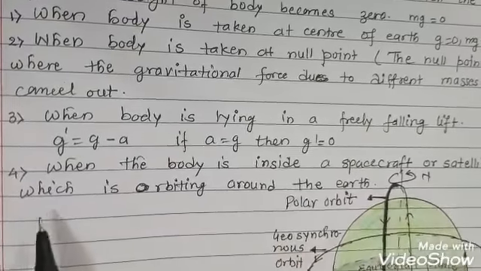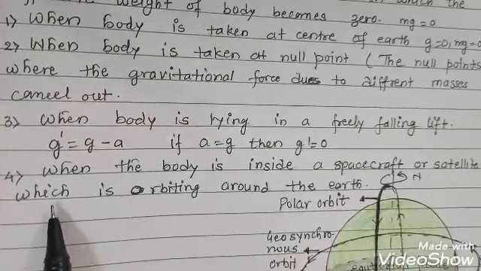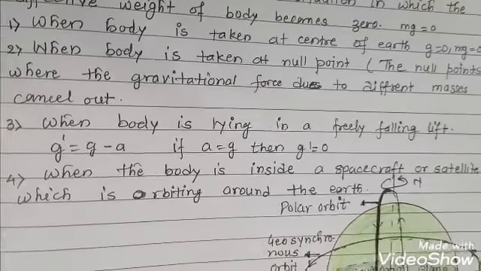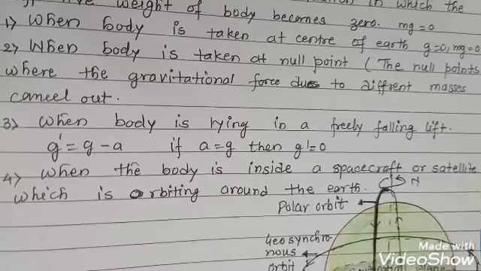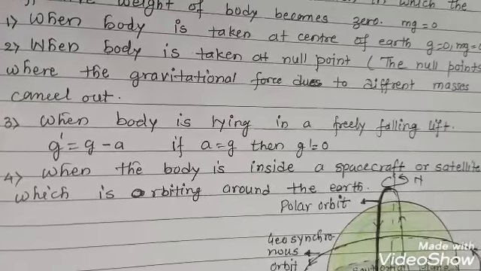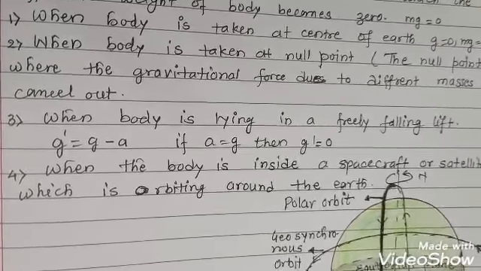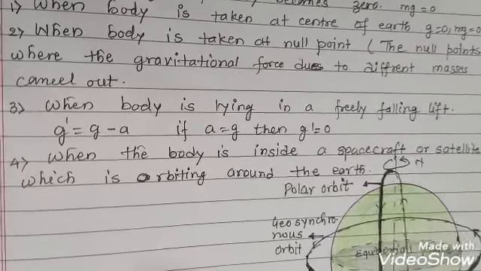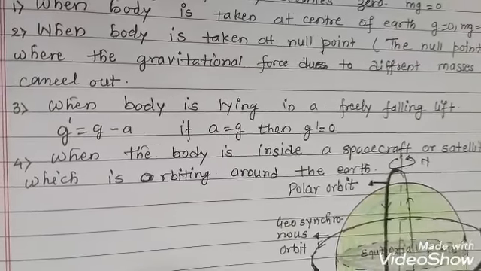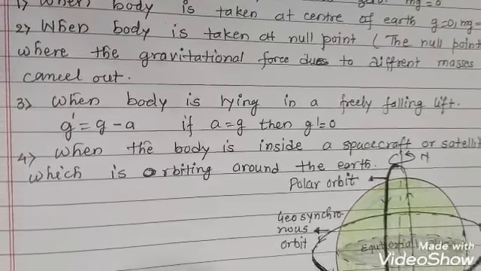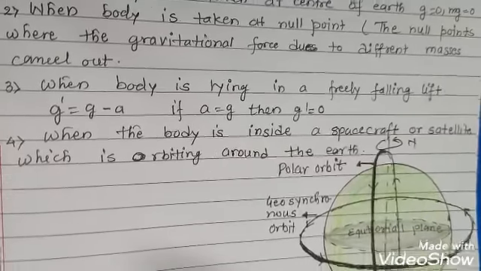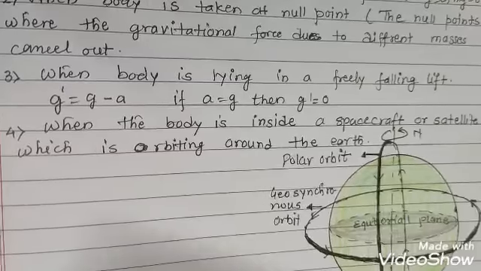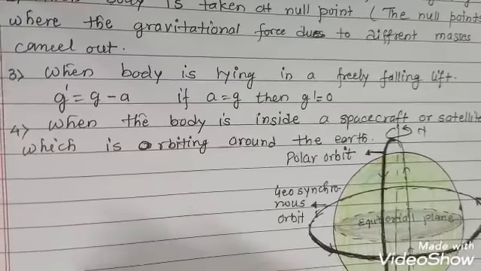Okay, next we will see when the body is inside a spacecraft or satellite which is orbiting around the earth. In that case also the weightlessness situation would be there. If the top end of the balance is no longer fixed to the top ceiling of the room, then both the spring as well as the object will move downward with the same acceleration, that is, acceleration due to gravity.